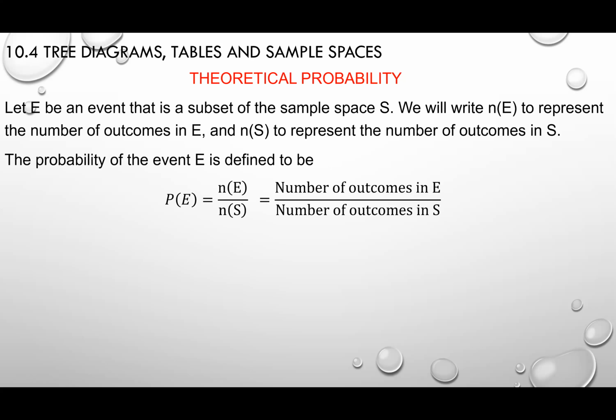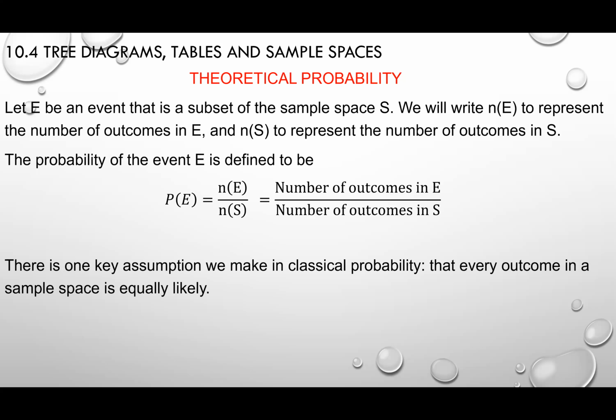The probability will never be bigger than 1 and will never be smaller than 0. So if they ask you to find the probability and you give me 3.71, you did something wrong. Your answer should not be bigger than 1. In short, you will hear me say a lot to my students: to find the probability of the event, whatever the event is, always ask yourself, what are we looking for over the total?